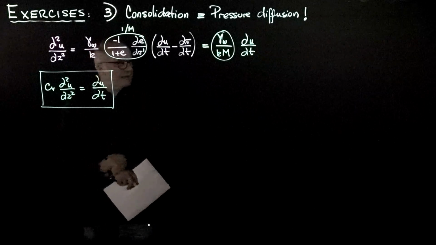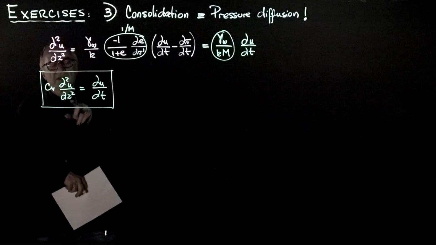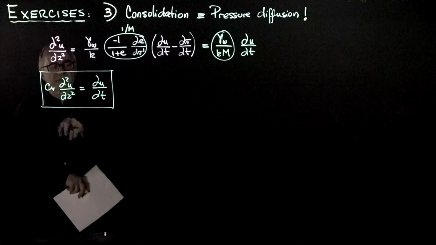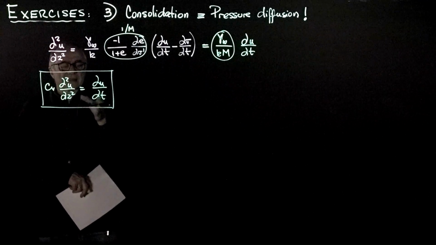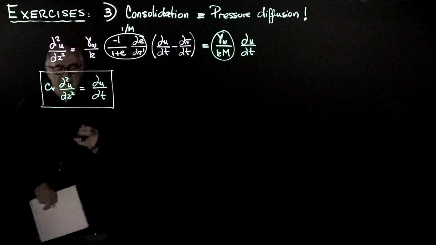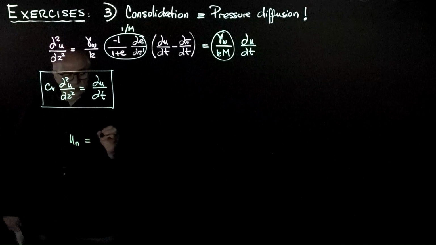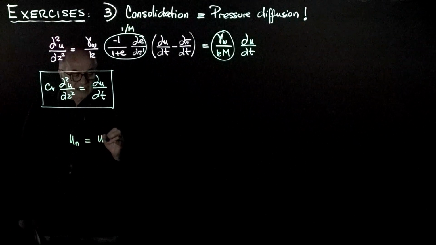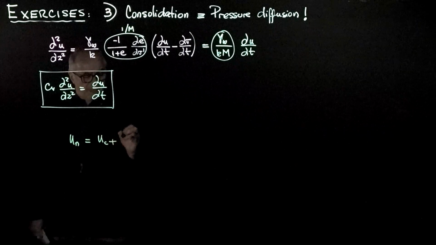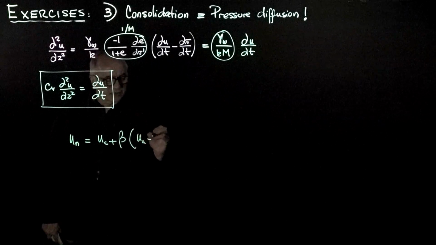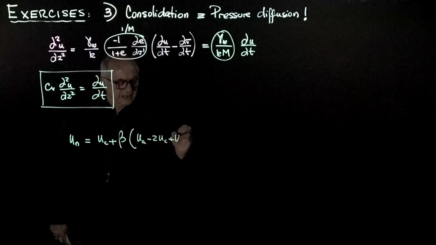When we place this in finite difference form, then this relates to the pore pressure above, at the center, and below. And this one tells us that the pore pressures now are going to determine the pore pressure at the next stage. So we rewrote that in finite difference form, and we said that the pore pressure next at the central point is going to be equal to the pore pressure at the center point plus beta times the pore pressure above minus 2 times the pore pressure at the center plus the pore pressure below.